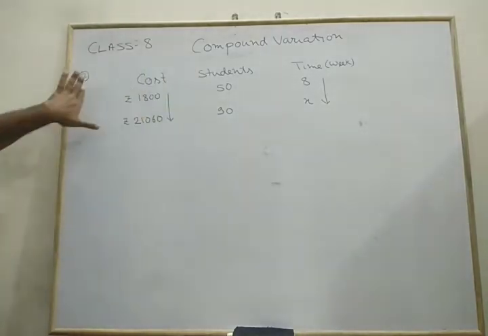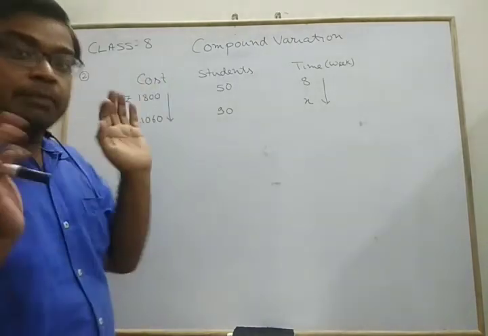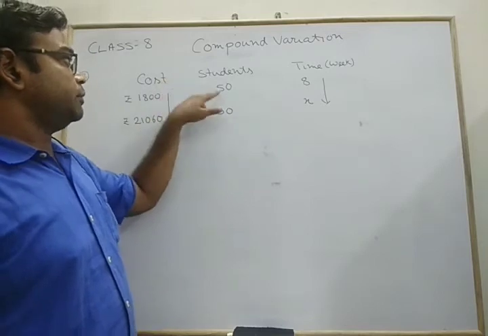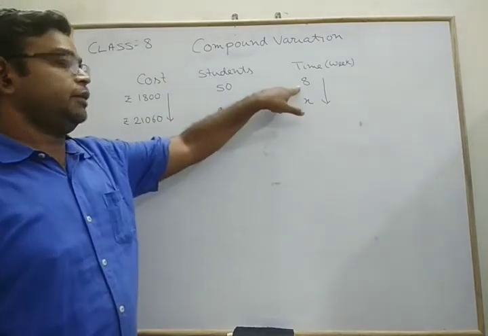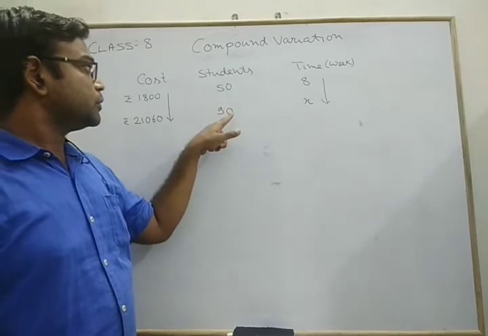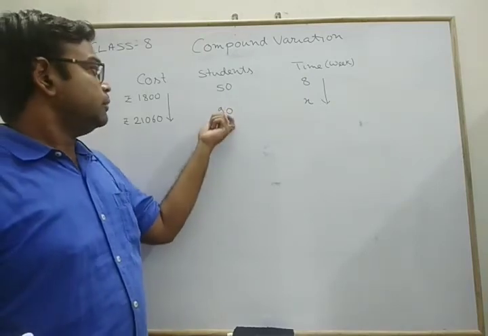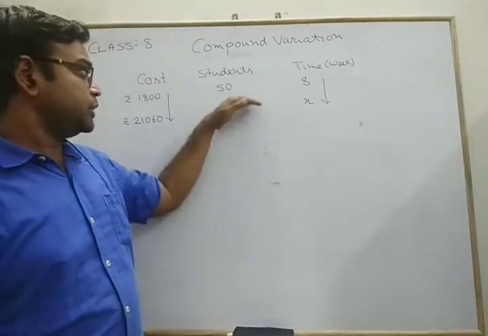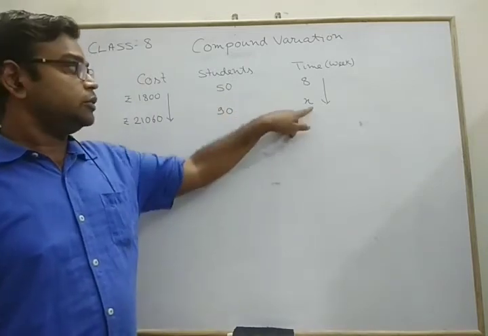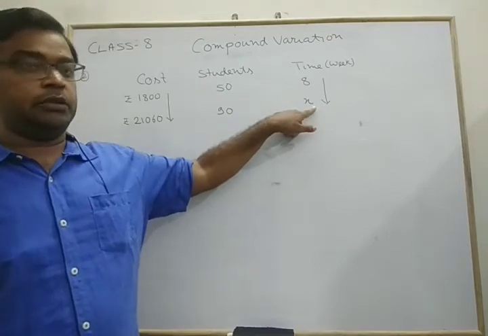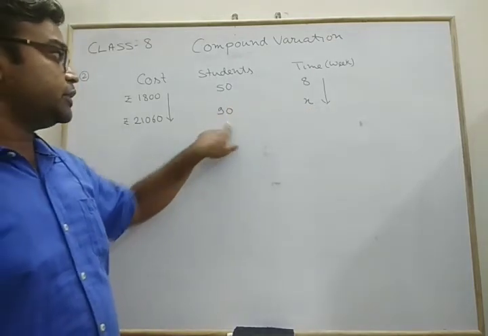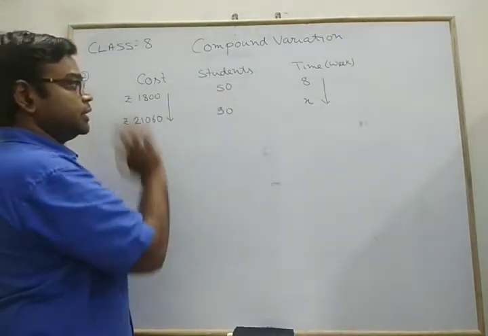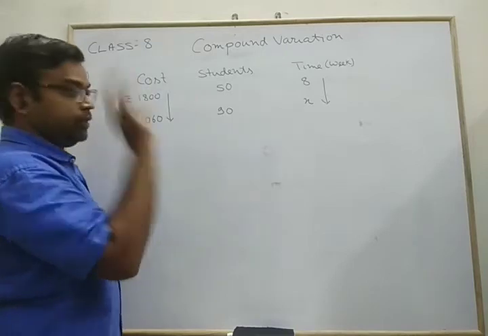Now keep this apart. For some amount of rupees, always keep it constant. In some amount of rupees, 50 students stay 8 weeks. So in the same amount, more students can stay for fewer weeks because the amount is fixed. In this case we increase the students, so time must decrease. If this one increases, this one decreases. Suppose the amount is x, suppose it's y.